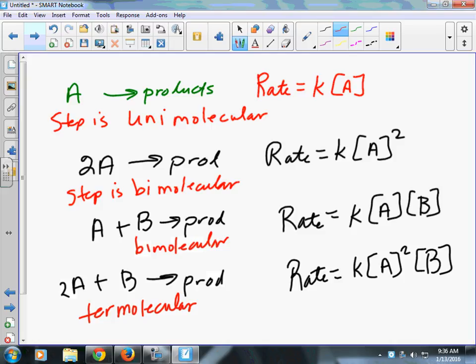So how do we use all this stuff? We determine the rate law with experimental data first. Then we use what we know to come up with steps, and then check to see if those steps combine to get the overall equation and a predicted rate law that matches the experimentally determined rate law.